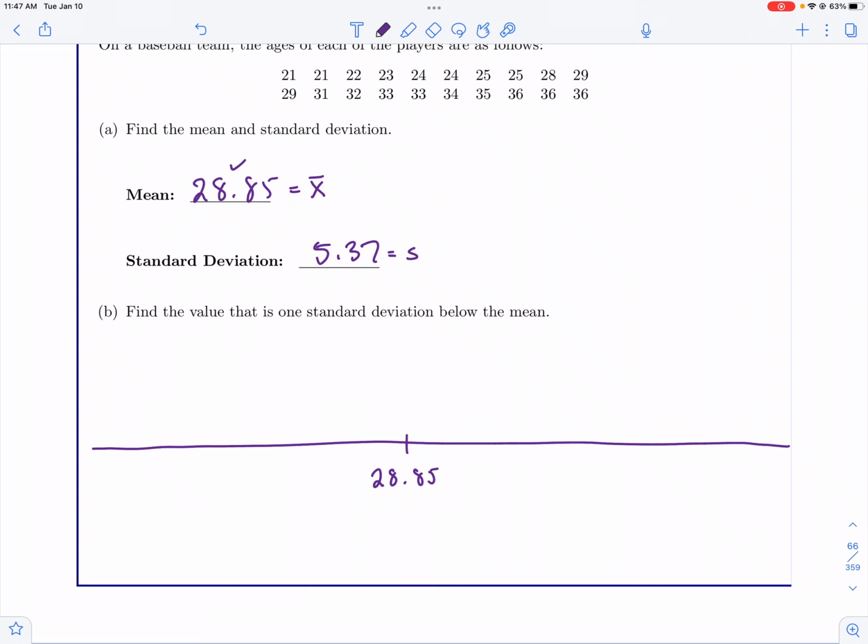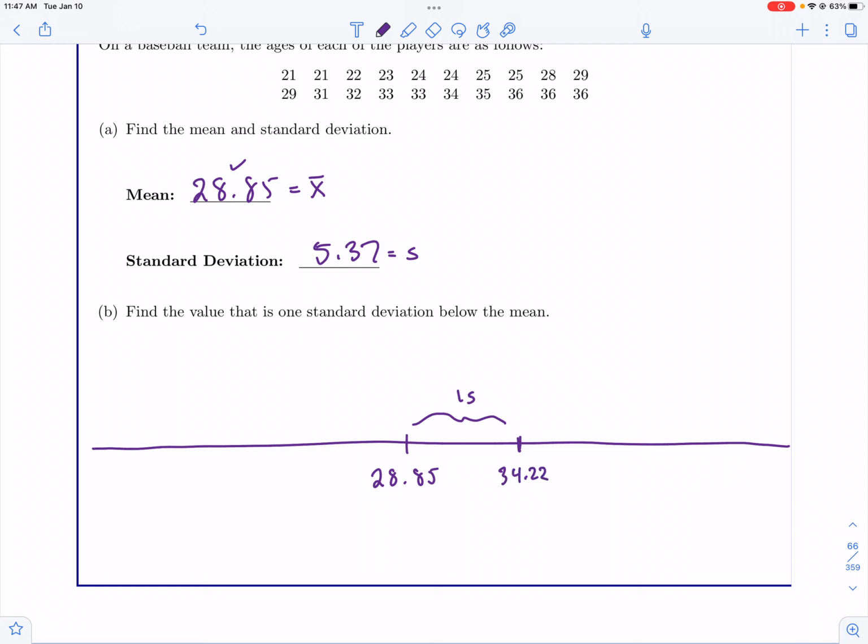And so if I want to go 1 standard deviation above the mean, from here to here, I just want to take that 28.85 and add 5.37 to it. So 28.85 plus 5.37 gives me 34.22.